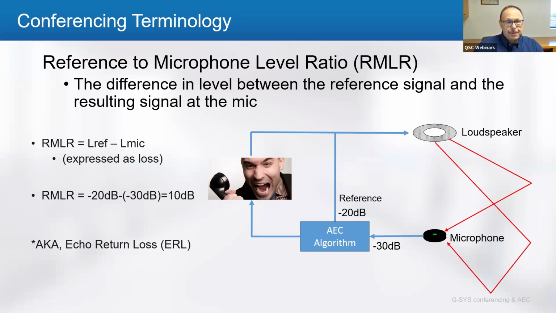So the mic is picking up the signal and sending it to the algorithm at -30 dB down. The reference signal is receiving its signal at -20 dB. The signal in the mic is 10 dB lower than the reference. For best performance, the goal is to adjust that control until your RMLR is at 0 dB.